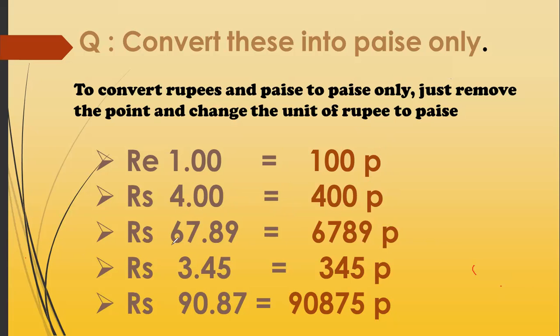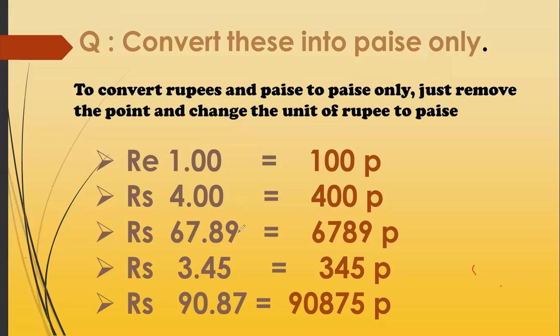Now here the third example, 67.89. What we are supposed to do, we will convert these rupees 67.89 to paisa. We just remove the point between the numbers 7 and 8, and we write 6, 7, 8, 9.